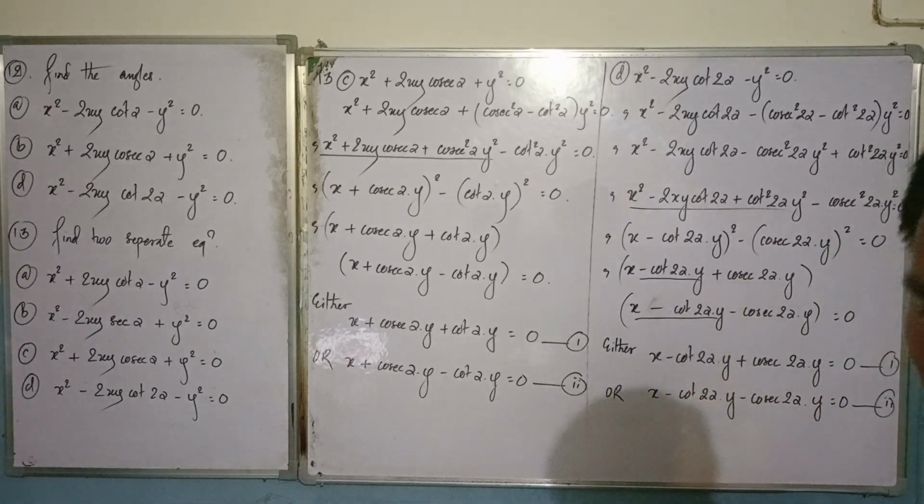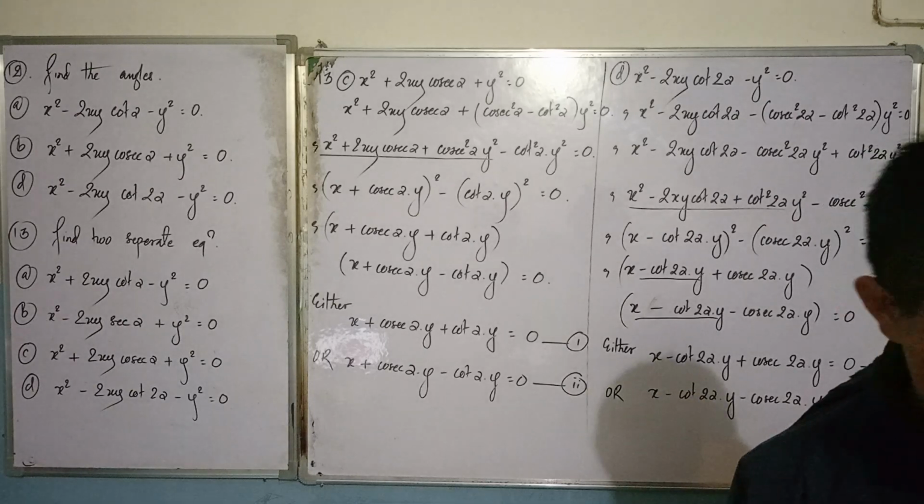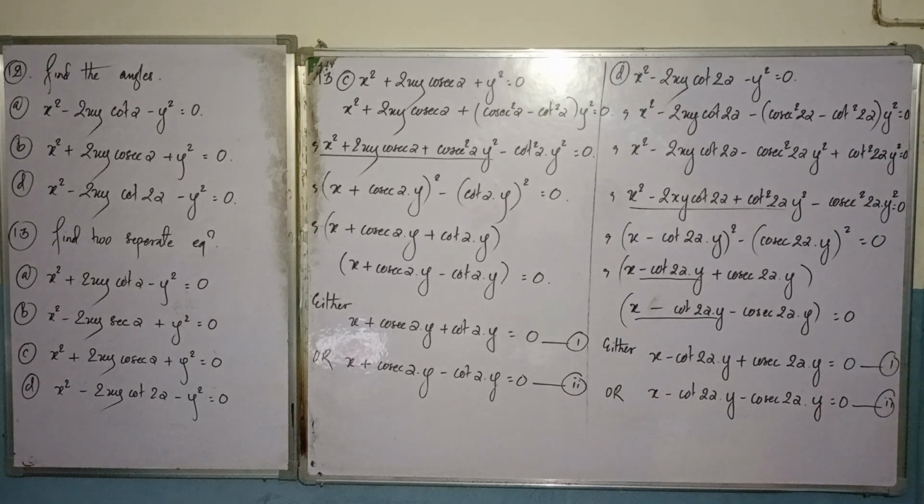So these are the two separate equations. Okay, this is how it is done. This is just like the previous one. It's very simple, these are the trivial ones. You have to do it in the same manner, nothing new here.